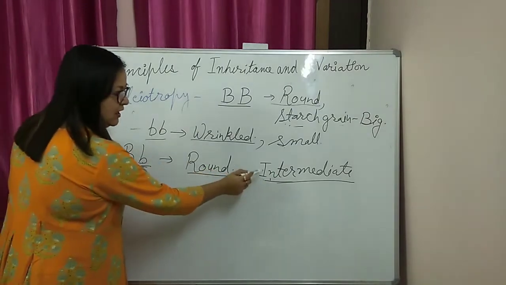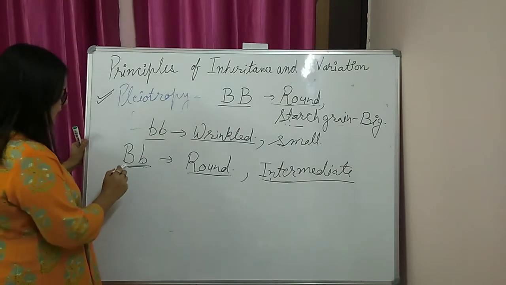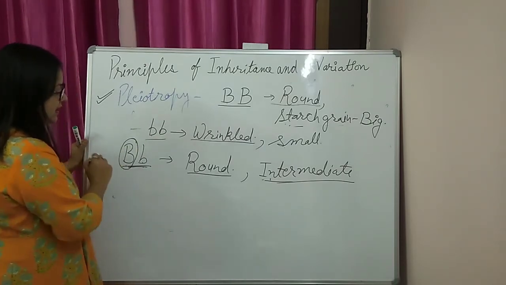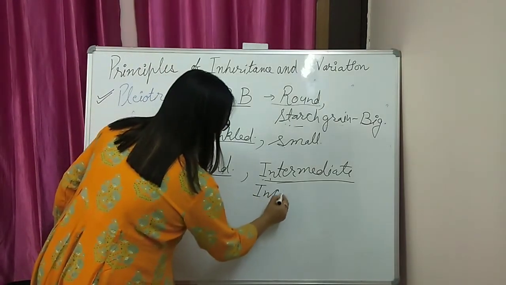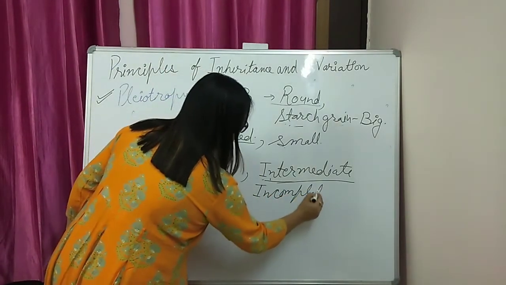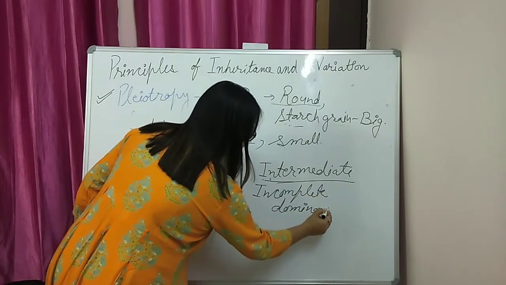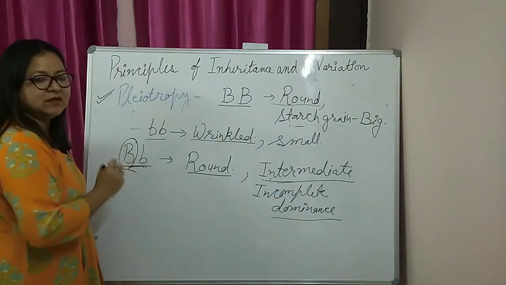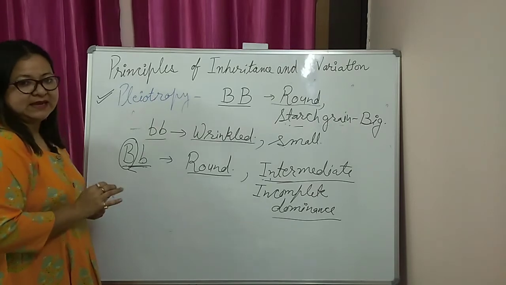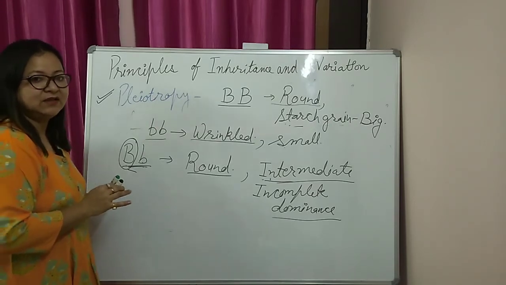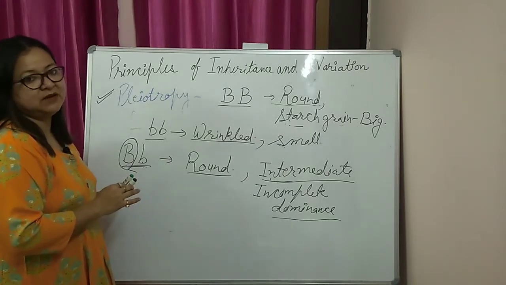In this case, if we are considering the phenotypic expression of starch grain size, then the capital B allele is showing incomplete dominance. So this example also clarifies the concept about the allele: the allele is not dominant or its product is not dominant.